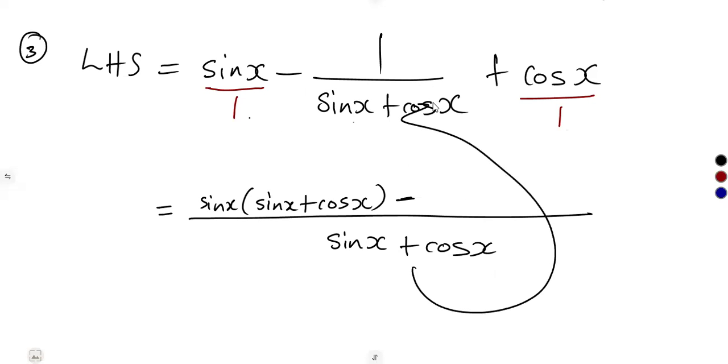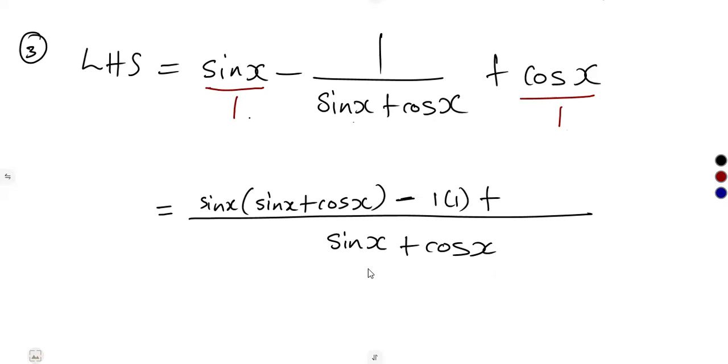They will cancel to give us a 1. So it will be 1 times 1. Plus the same thing, this one divided by 1 will remain as it is, but multiplied by cos of x. So it will be cos of x into the sine of x plus cos of x, just like the previous case.